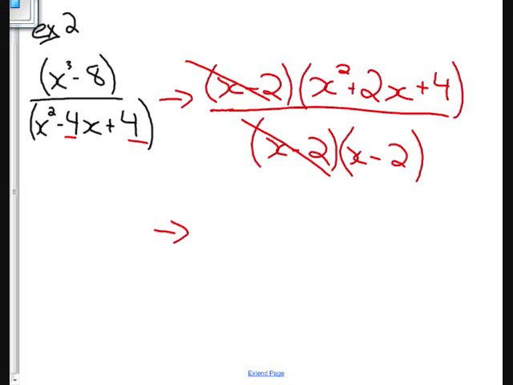Is there a number that multiplies to 4 and adds to 2? You can try all night, but you won't be able to get it. So we're left with x squared plus 2x plus 4 all over x minus 2.